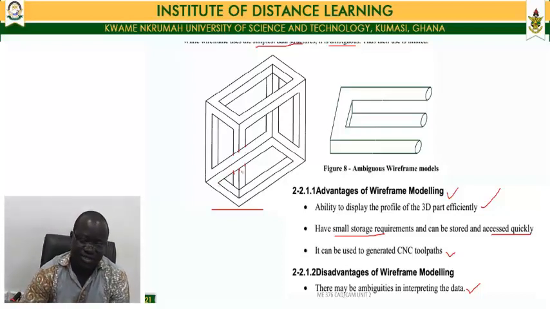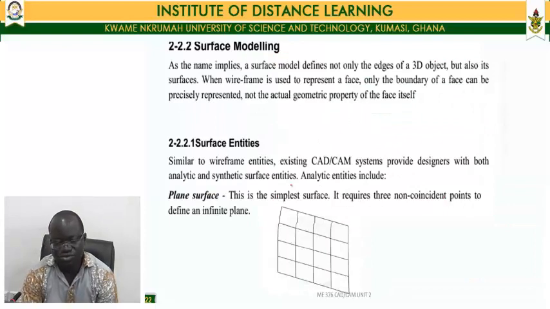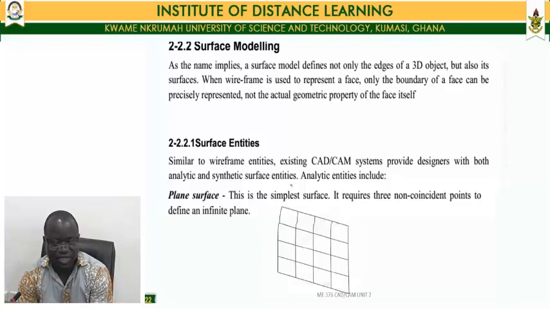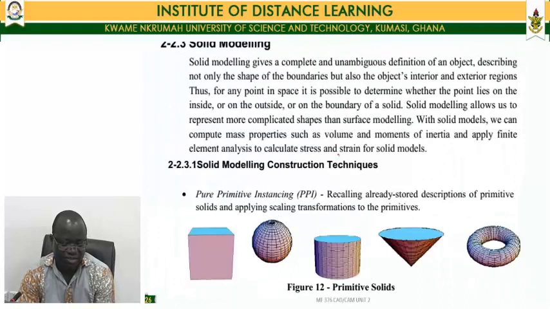As the name implies, a surface model defines not only the edges of the 3D object but also its surface. So if I could get a typical surface model to show you, if you look at this solid cube here, how we are able to see the cube is that we are able to look at the surface represented by some colored area to actually give us an impression of the cube.